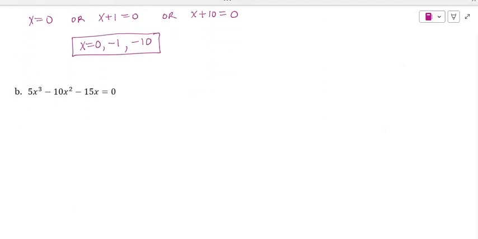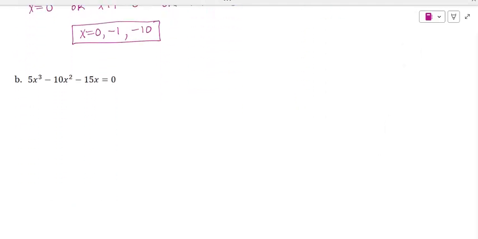Looking at our next example, it looks like each of the 3 terms has a 5x that can be factored out. So I'm going to think about dividing each of these terms by 5x. And then I'm left with x squared minus 2x minus 3.